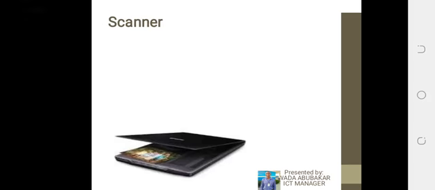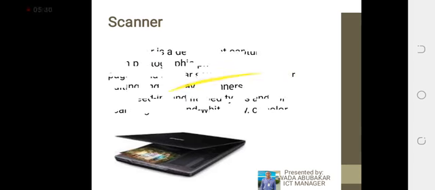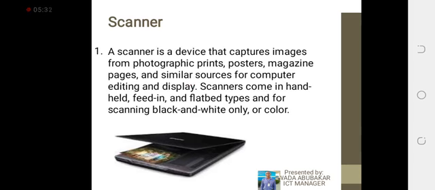Then we have the next one, that is the scanner. We all know scanner. There are different types of scanner. A scanner is a device that captures images and other text like posters, print, magazines, and similar sources for computer editing and display.